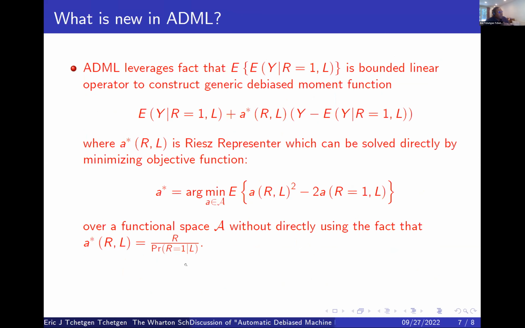The other aspect of ADML that I think is really elegant is that it leverages the fact that the functional is a bounded linear operator to construct a generic debiased moment function, which Vasilis presented.